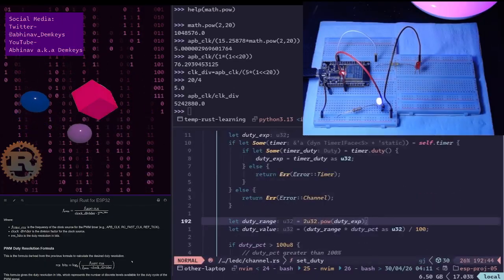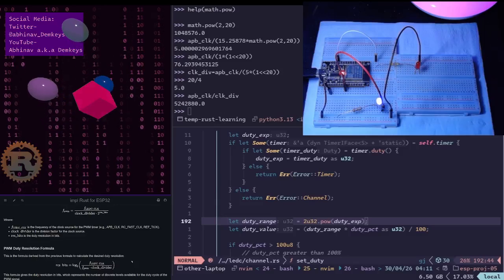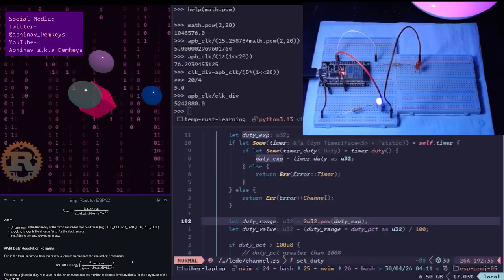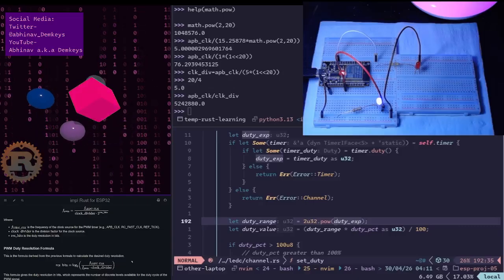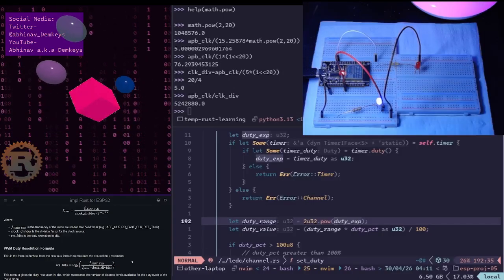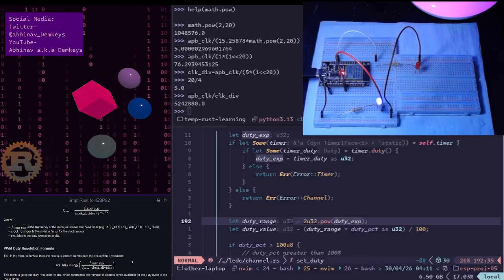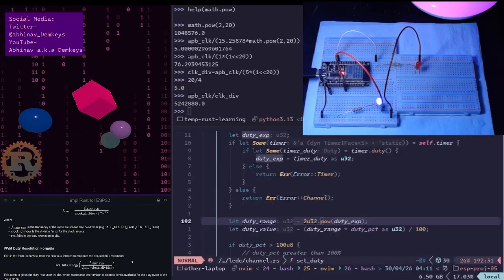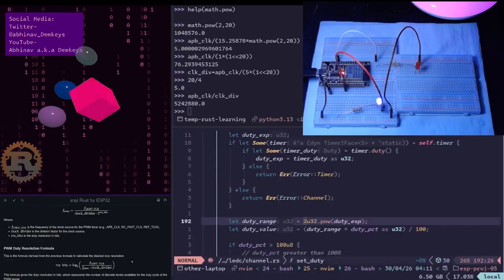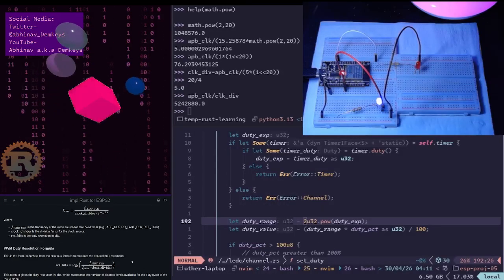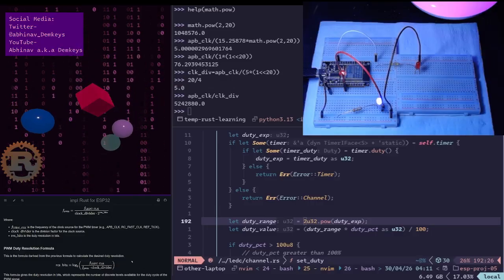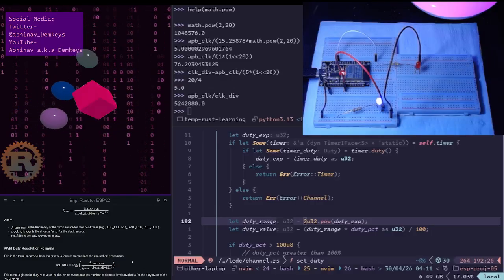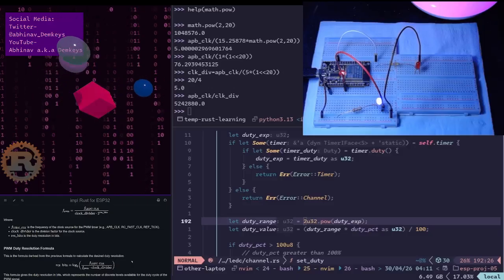You can see here it uses the duty, which is the bits, so we use that as an exponent. So 2 to the power 16, sorry, let's say 2 to the power 4 for the sake of simplicity.